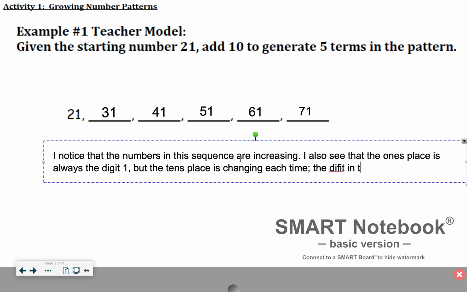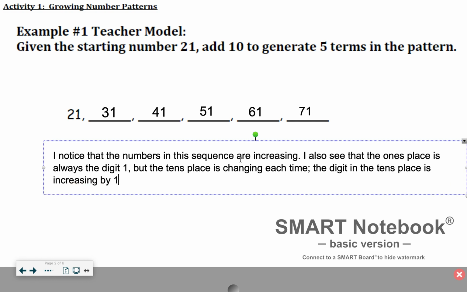The digit in the tens place is increasing by 1. This pattern will continue throughout the sequence of numbers. So if I were to continue, 71 plus 10 is 81, 81 plus 10 is 91, and so on.